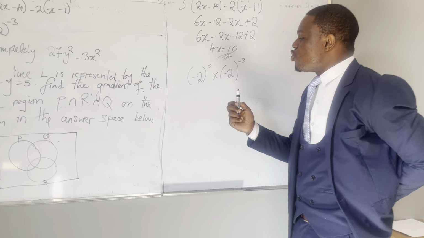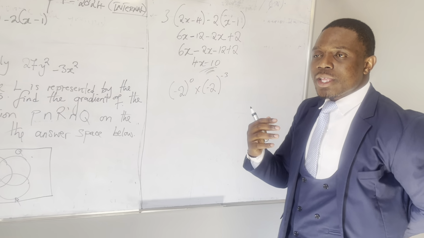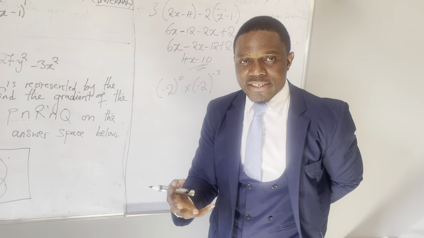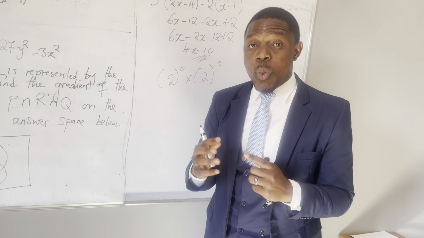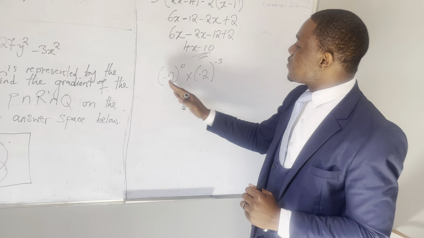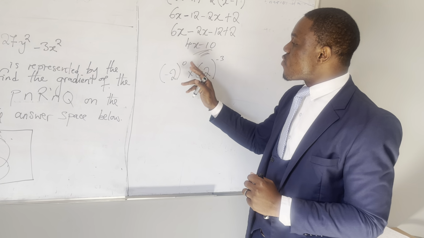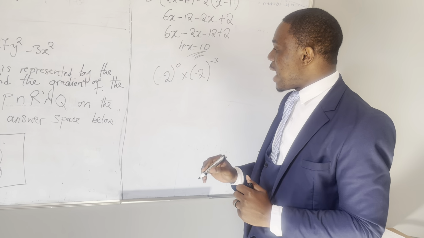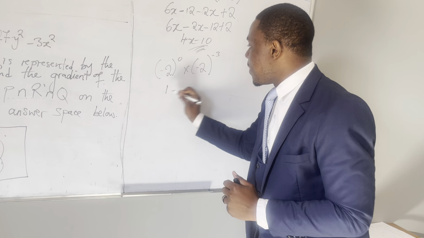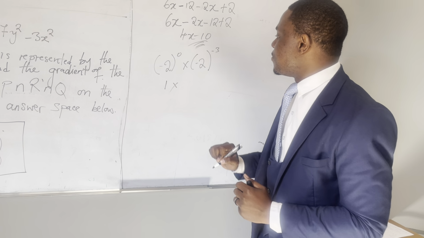One thing that we have to know, according to the laws of indices, is that any number raised to the power 0 is equal to 1. Since negative 2 is raised to the power 0 there, it is equivalent to 1. So we write 1, then times.